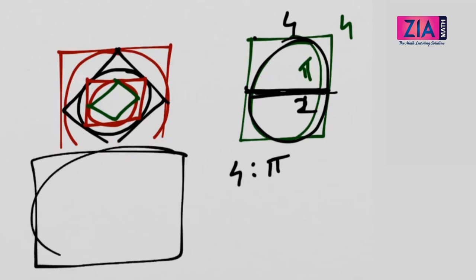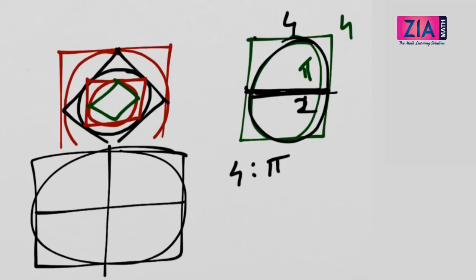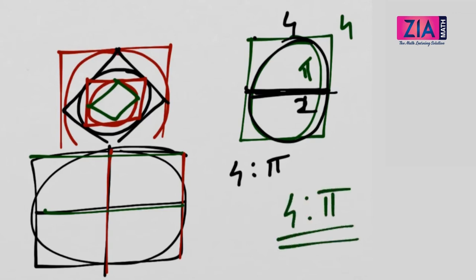Similarly, you need to change the circle also. If the circle is touching all 4 sides, the diameter and the side will be equal. So this and this will be equal, and this and this will be equal. Now every time they will maintain a ratio of 4 is to pi. Then only this condition will be satisfied, touching all the 4 points, right?